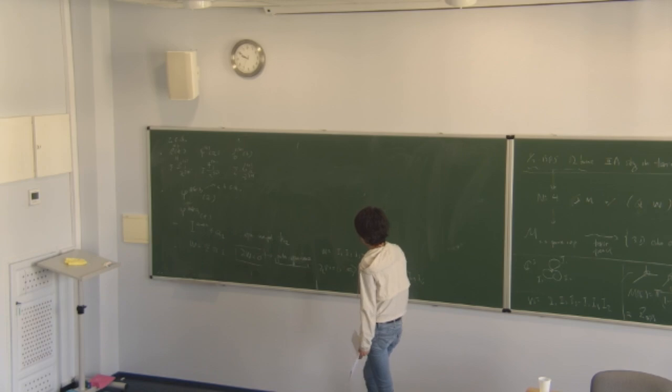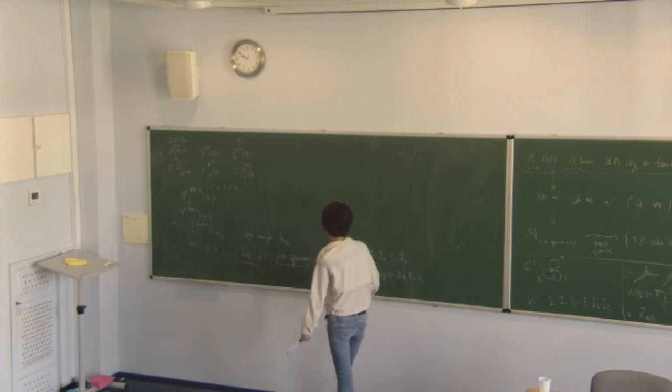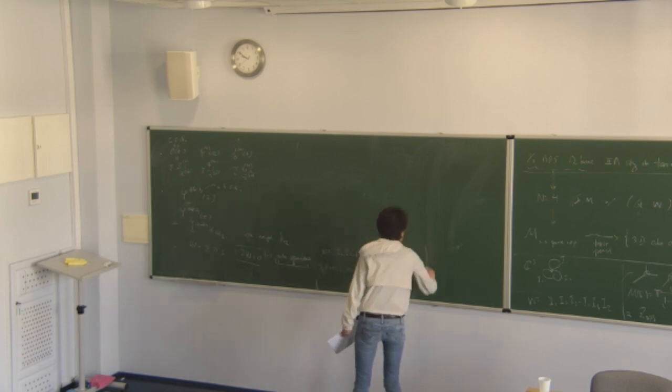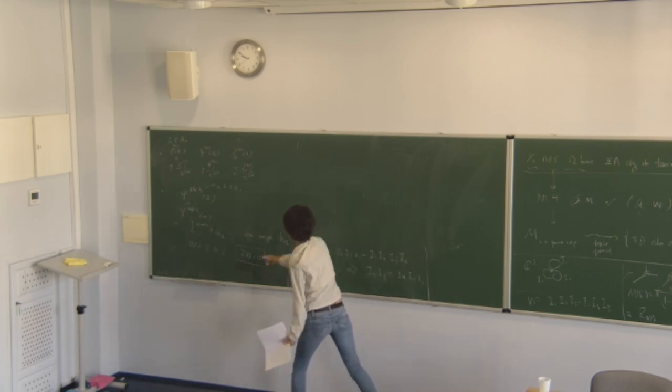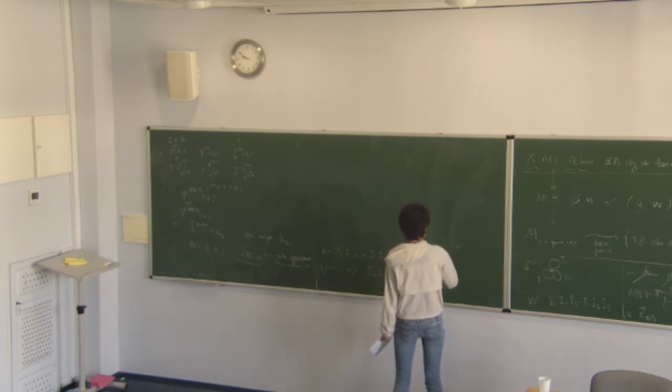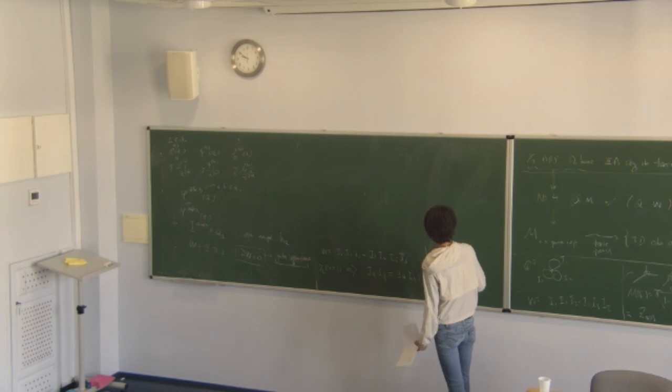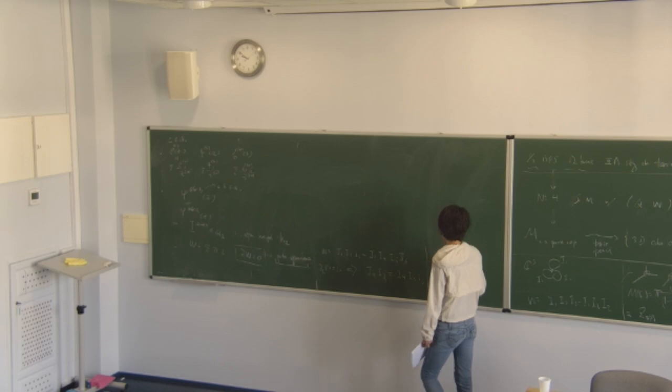Now for each term in your potential, you get a constraint on the weights here. So for each loop in your quiver, you sum over all the weights of all the arrows along this loop, and these have to be 0.